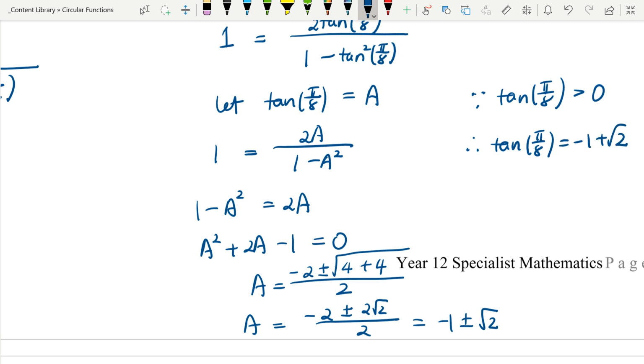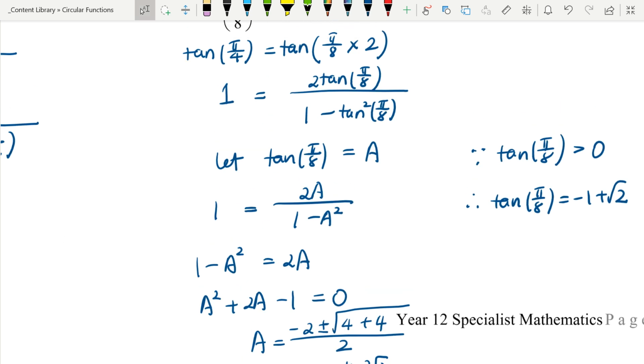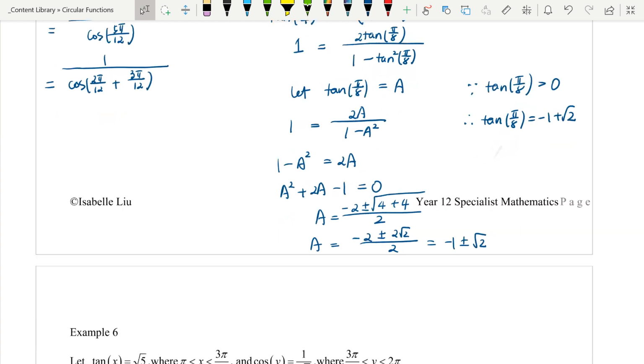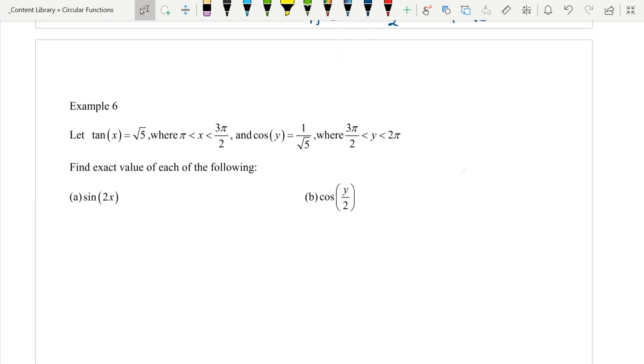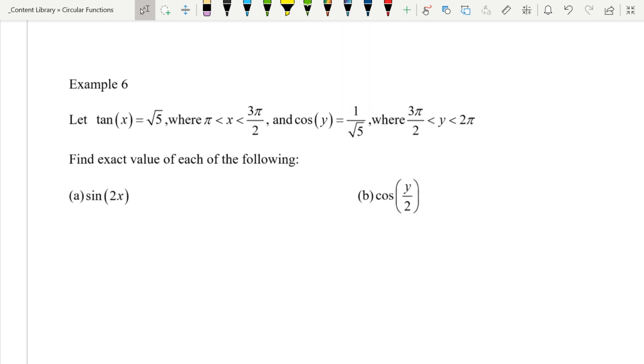When you have these angles, you need to set up this kind of equation, starting from the double one. So tangent pi on 4 is 2 times tangent pi on 8. Then use the double angle formula on one side, and the other side I can evaluate. Then you have an equation to solve, and we can solve out tangent pi on 8.